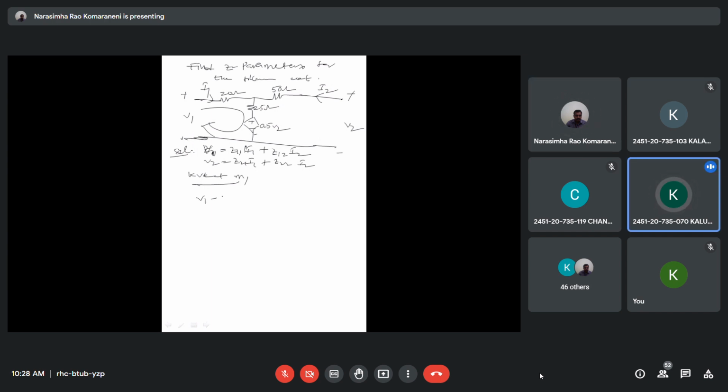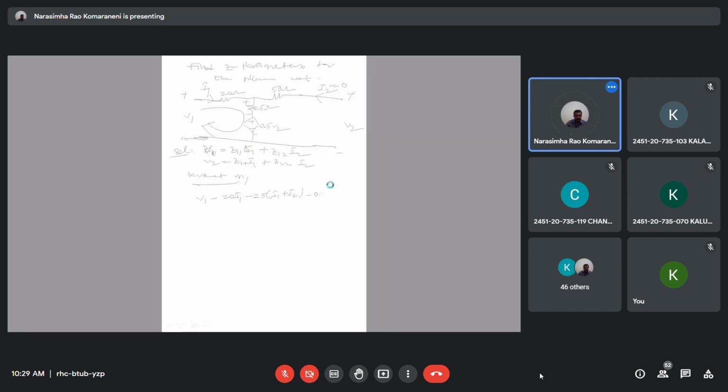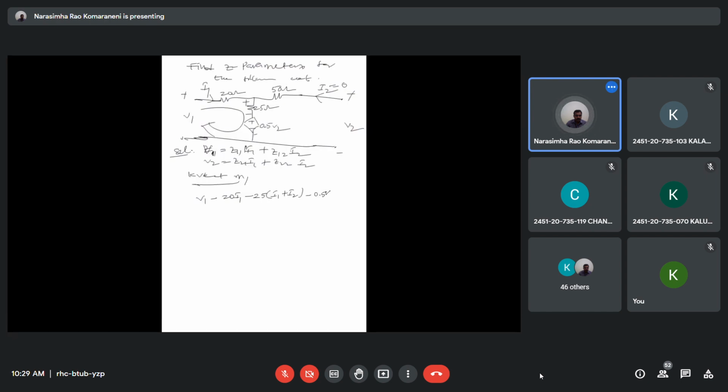V1 minus 20 I1 minus 25 into I1 plus I2, minus 0.5 V2 is equal to 0.